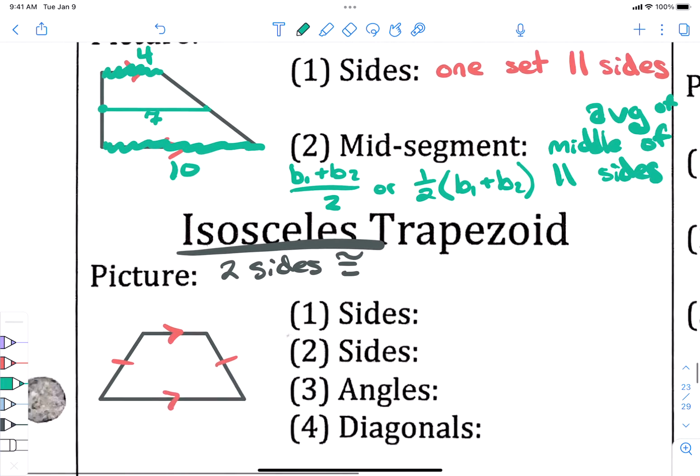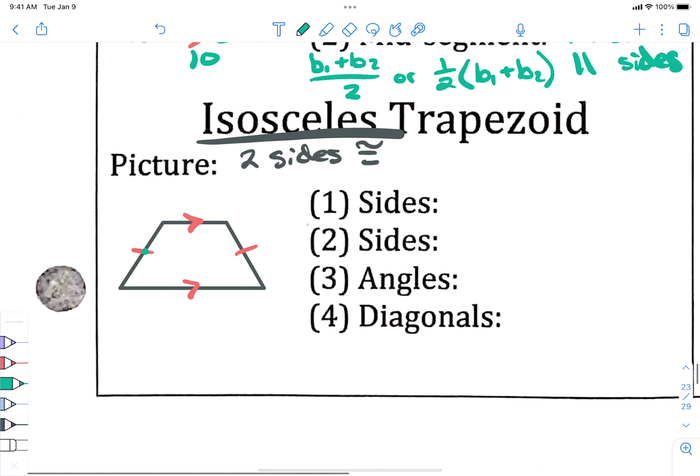So let's go to isosceles trapezoid. Let's draw the mid-segment there. So I'm going to draw him from here to here. And if that's my mid-segment, is he also the average if he's an isosceles one? Like if this is 2 and this is 6, will this be 4 still? Does it work for an isosceles trapezoid? Yeah, it does. Any trapezoid, isosceles or not isosceles, works that way.